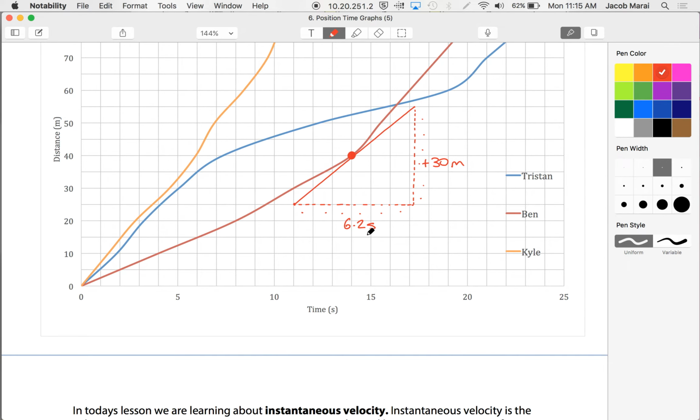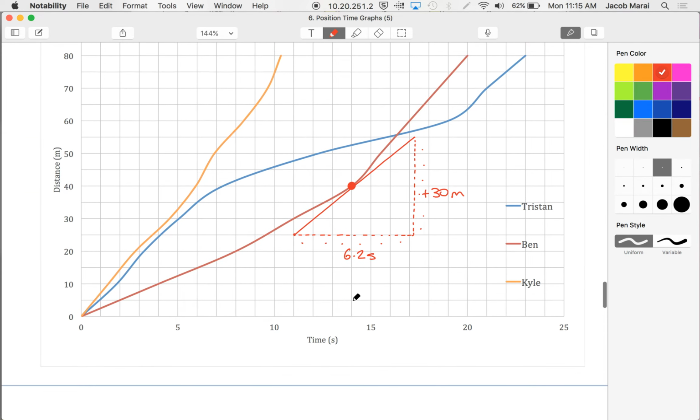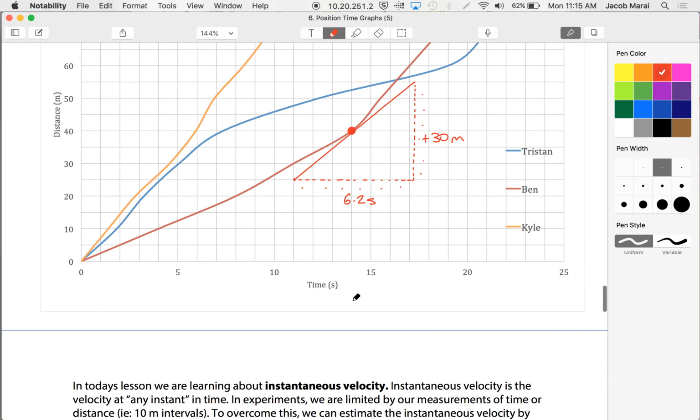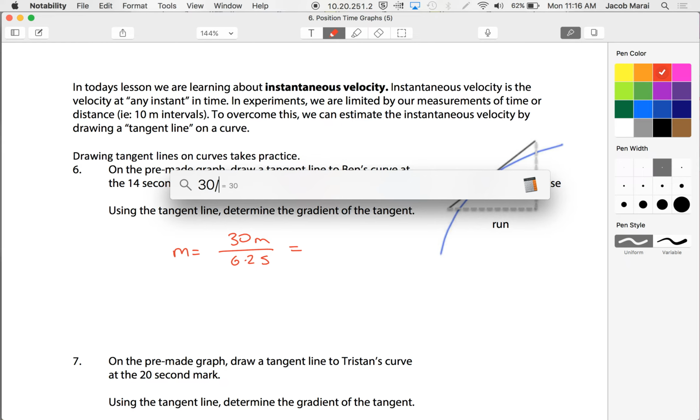So I would then go on the next board over here. I don't want to write too much on the graph because we've got to do this for other parts. So let's go over here. M equals 30 meters over 6.2 seconds. 4.84.